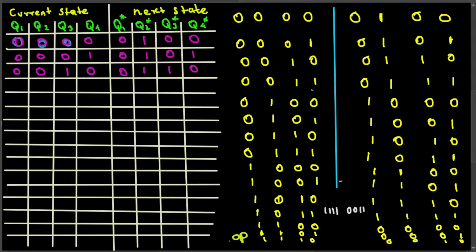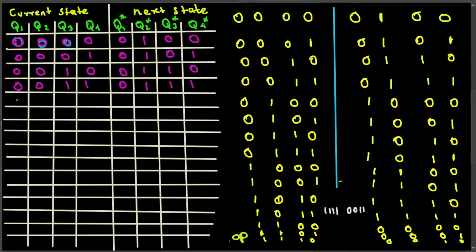Then we have 0 0 1 1, which goes to 0 1 0 0. That is 0 1 1 1.